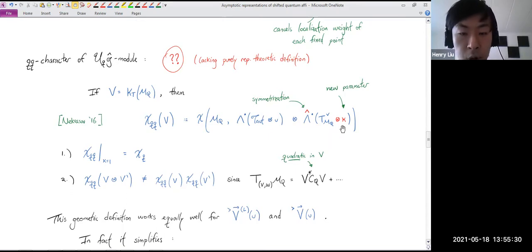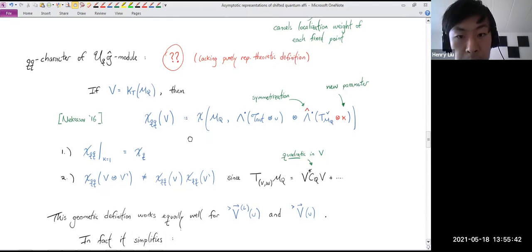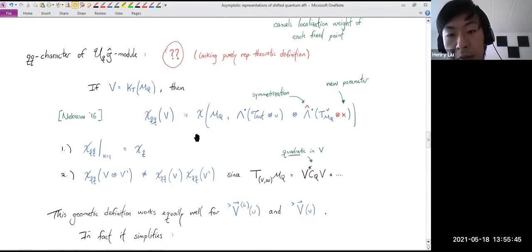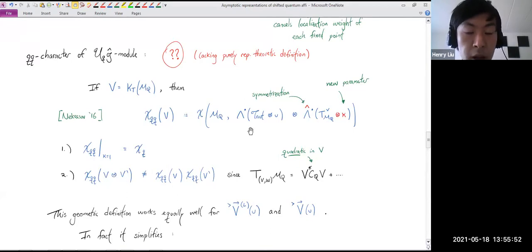And this is an object which is very well studied, maybe non-equivariantly. It's like a thing which encodes Hodge numbers. And so it's very natural to study the same thing equivariantly. And as a generalization of Q characters, it's very natural to include this insertion of the tautological bundle. So that's the QQ character. Later, we'll see even more geometric reasons why it's interesting to study the QQ character.